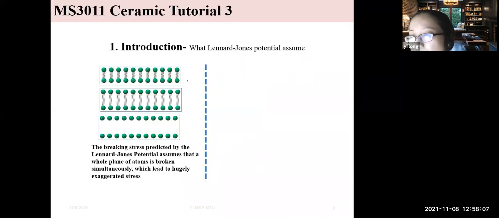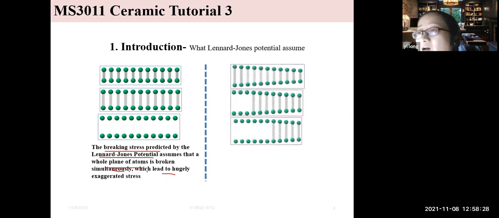So let's come to our second question. Why is there a huge difference between the theoretical value and what we see here? The breaking stress predicted by the Lennard-Jones potential assumes that the whole plane is broken at the same time, which leads to a hugely exaggerated stress. But the reality is it starts from the weakest link, which is pre-existing cracks.